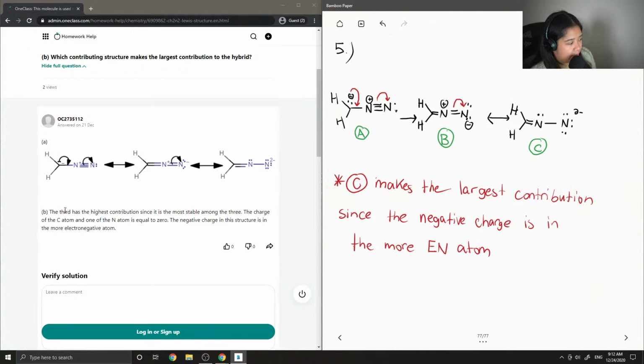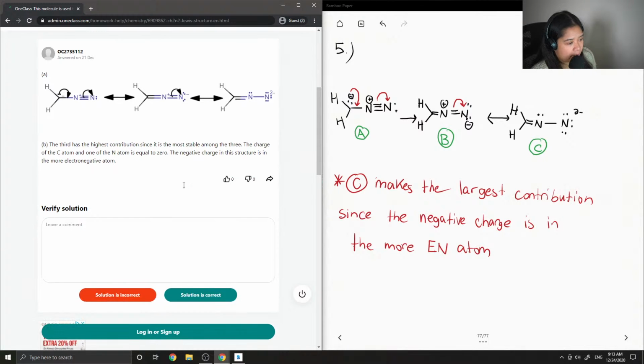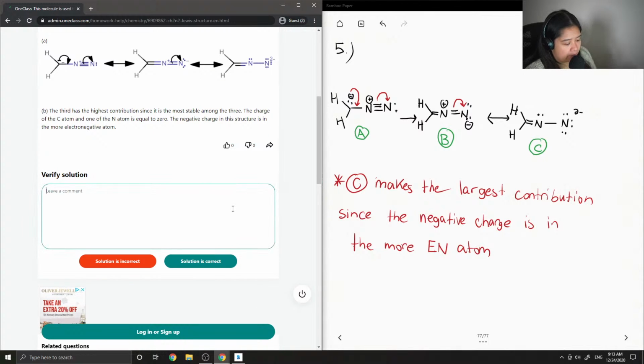And then for part B, the third has the highest contribution since it is the most stable among the three. And the charge of the carbon atom and one of the nitrogen atoms is equal to 0. The negative charge in this structure is in the more electronegative atom. Yep. So this solution is correct.